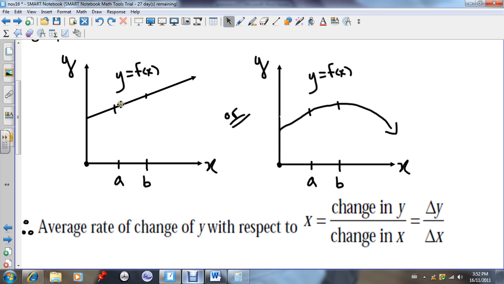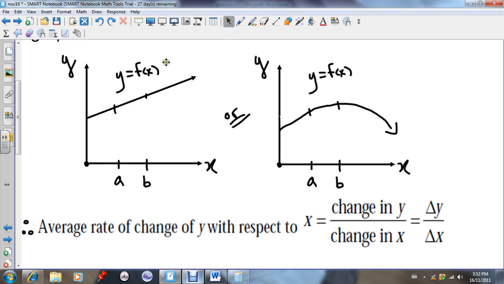This one here is a linear function. Let's look at a nonlinear function. Well, we can do the same thing. We have interval a, b, the function y equals f of x. Simply put, we're looking at the value of our function at a and b, and we're taking the slope between the two points, a, b.